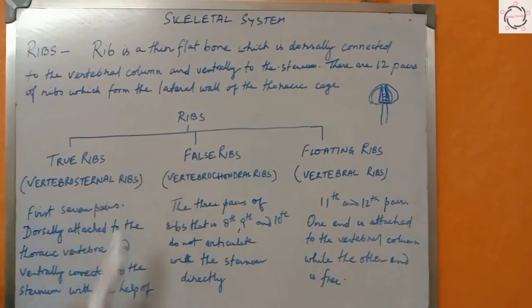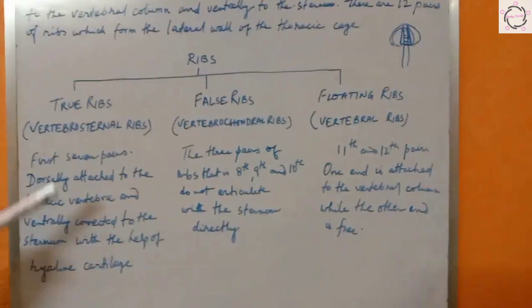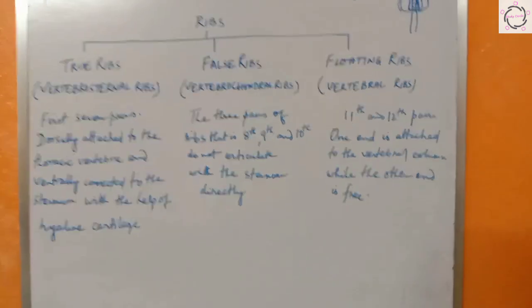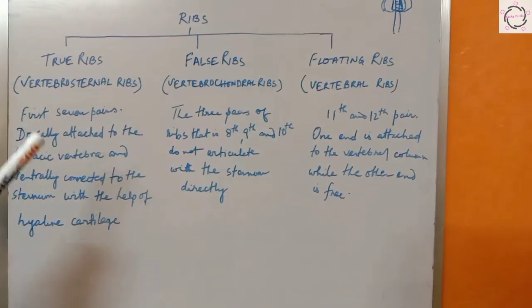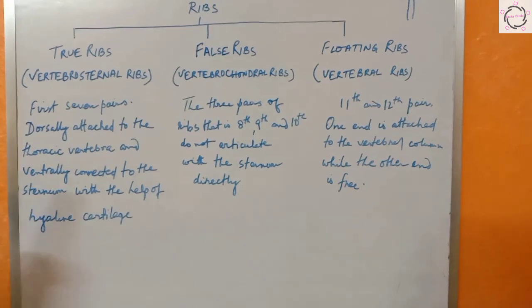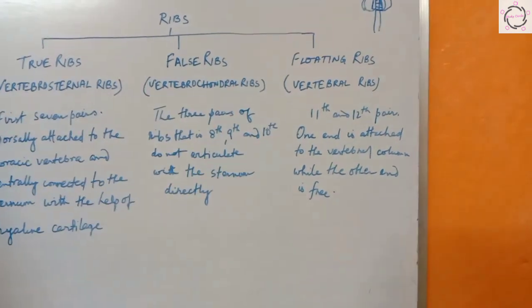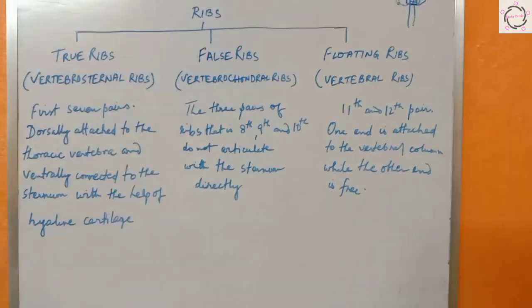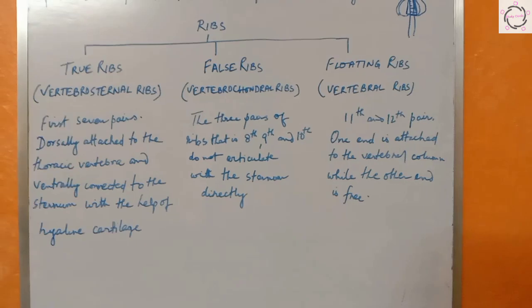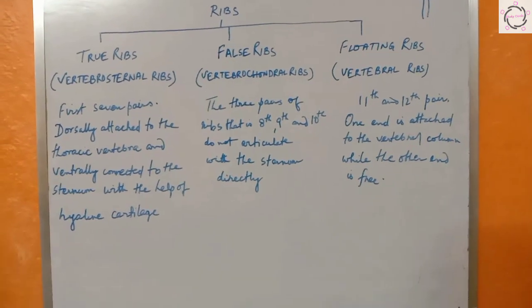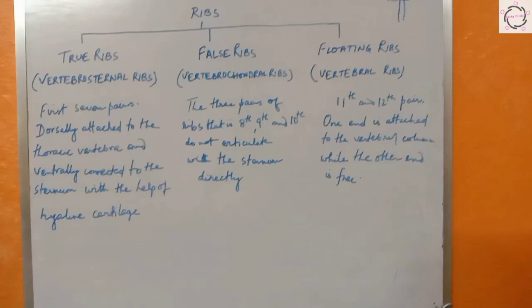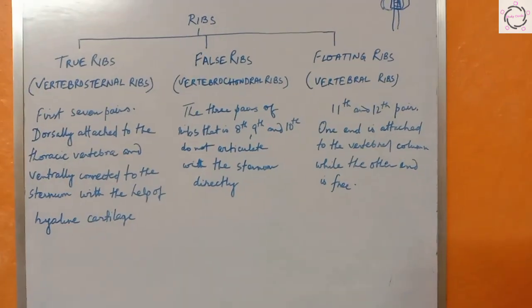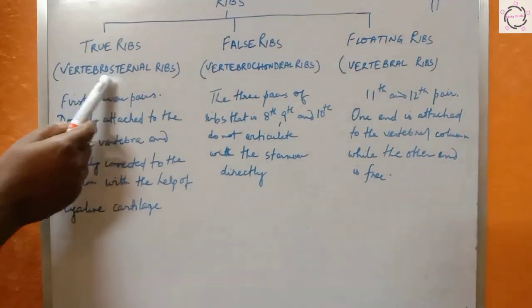Now ribs are classified into 3 types. Here you can see a schematic diagram I have drawn, that is true ribs. For those in junior classes, you can write true ribs, false ribs, floating ribs in the exam sheet, no problem. For those in higher classes, especially 11, 12 and those appearing for NEET, you have to write vertebrosternal ribs.